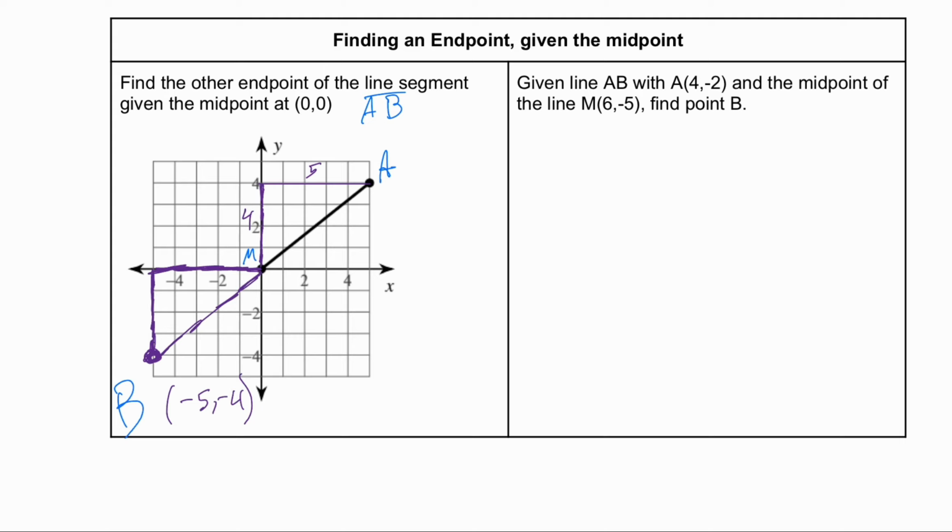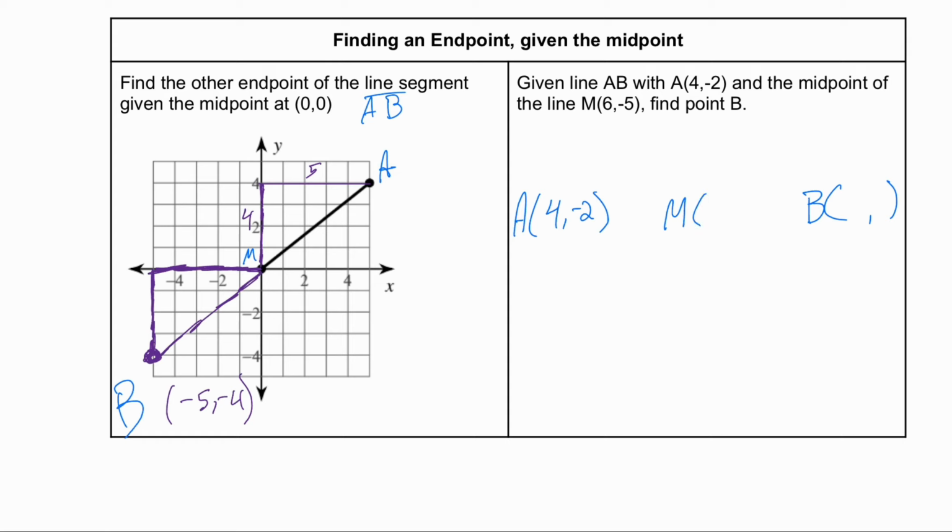Now, another way to do this, if you don't want to graph them all the time, is more of a diagram approach. So we're given line AB, where A is 4, -2, and the midpoint of the line is 6, -5. Our goal is we want to find point B. So we know we have this line going from coordinate point A, which is at 4, -2, and it ends at B, but the problem is we don't know what B is.